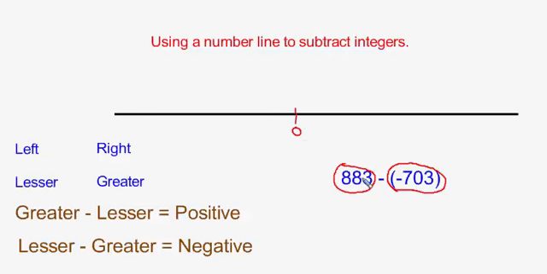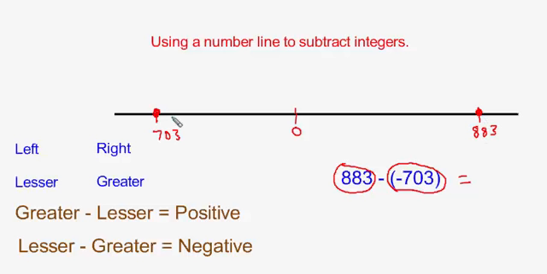In fact, 883 is positive, so it would be 883 units to the right of 0. Negative 703, because it's negative, will be to the left of 0, and it will be 703 units left of 0. To find the difference between these two numbers, or to subtract them, you need to find the distance between those 2 points on the number line.